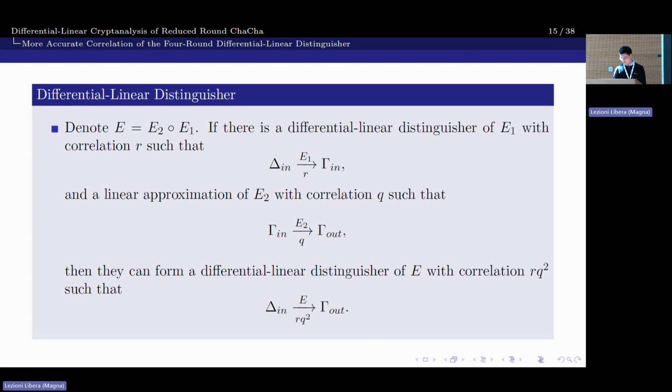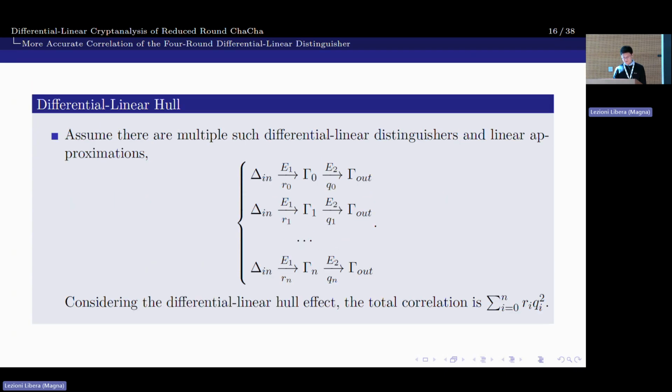Then we get the correlation rq squared. If we have multiple choices, we can get the differential-linear Hull effect. That is, we can get the total correlation as the sum of them.